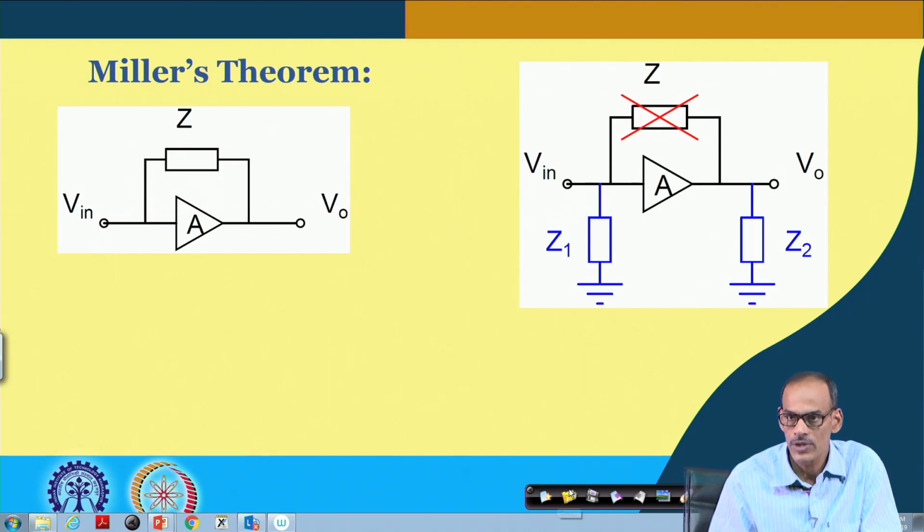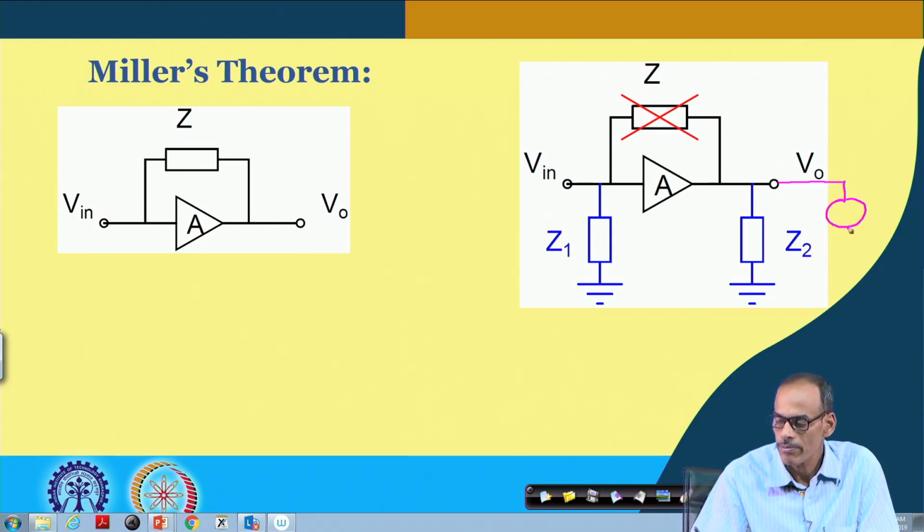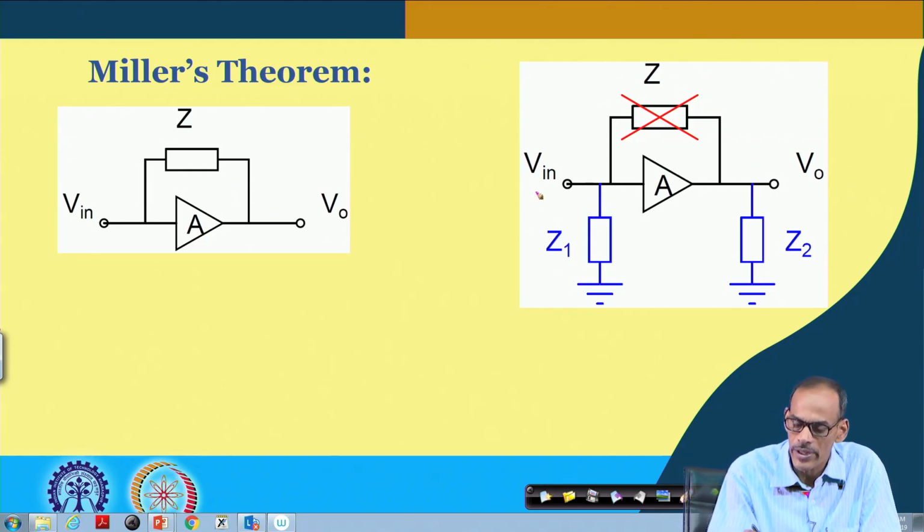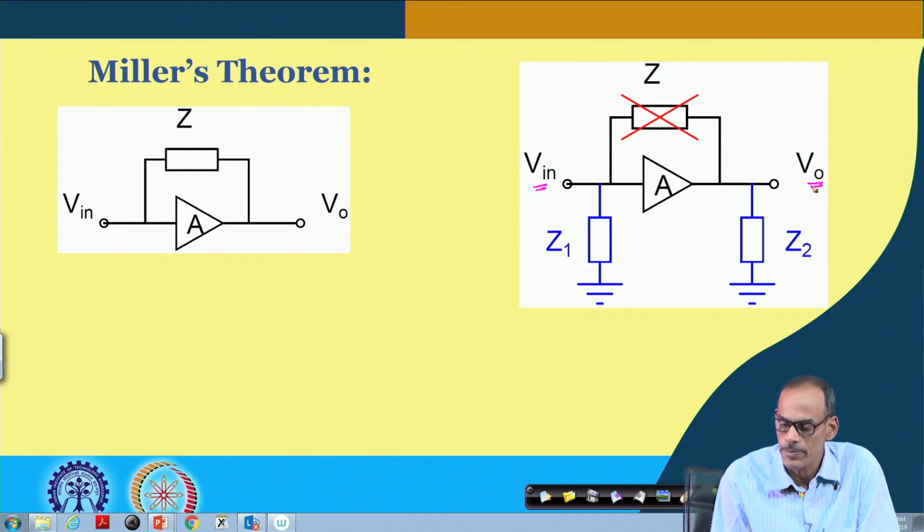Then if I consider the output port, suppose we are applying V in, and we have V o here.